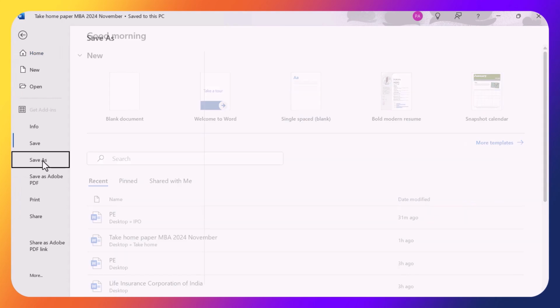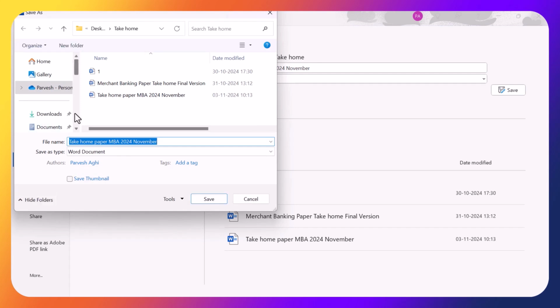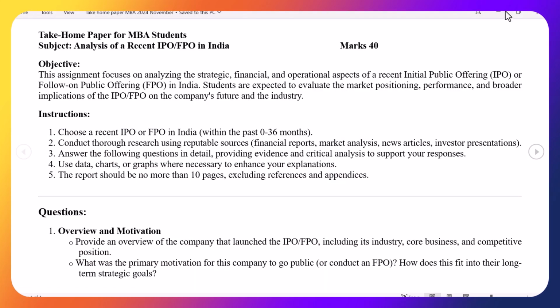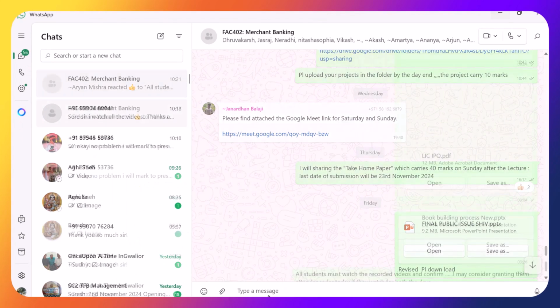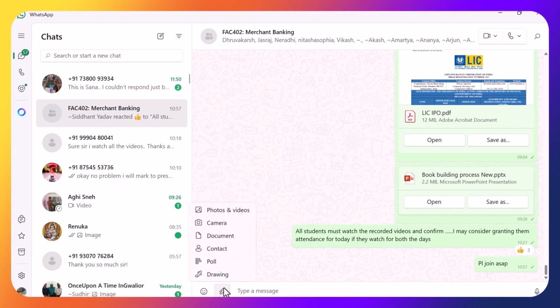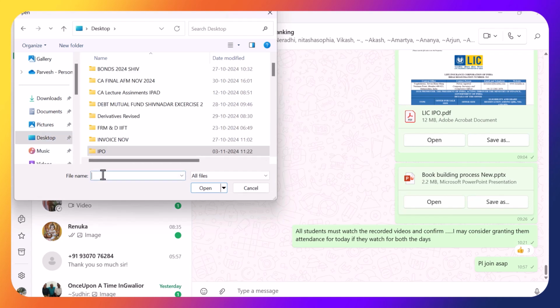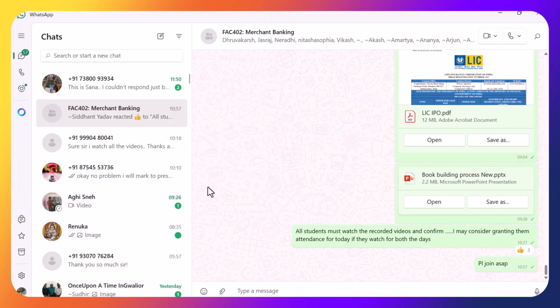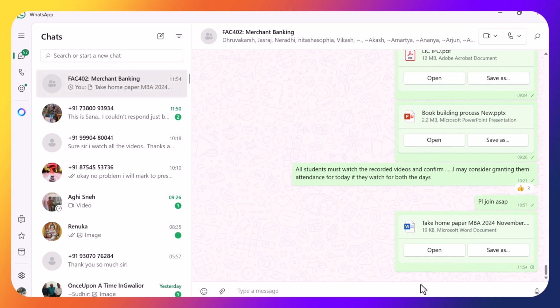I am going to just save it and share it with you. So this carries 40 marks. So this is the paper which I have shared with you.